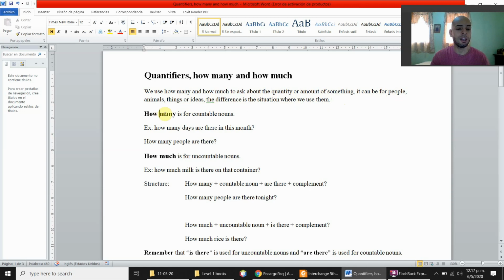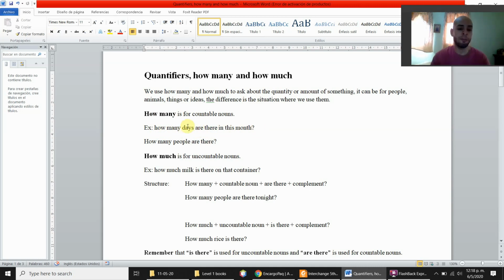So how many is used for countable nouns. We use it to make questions about the amount or the quantity of countable nouns only. So how many days are there in this month?